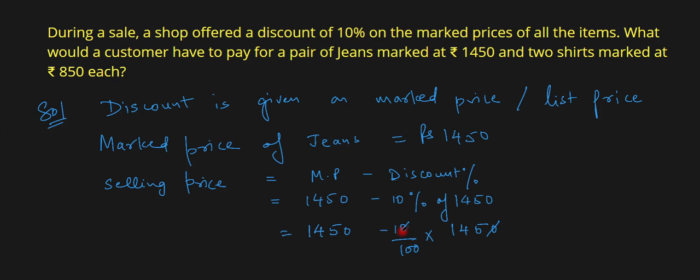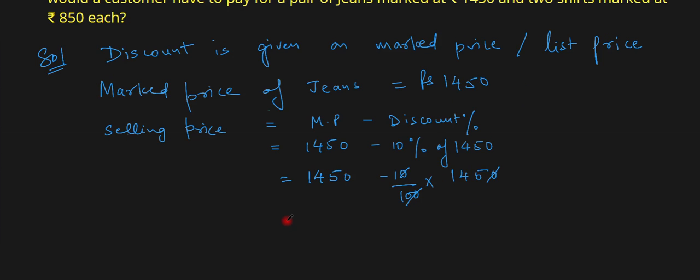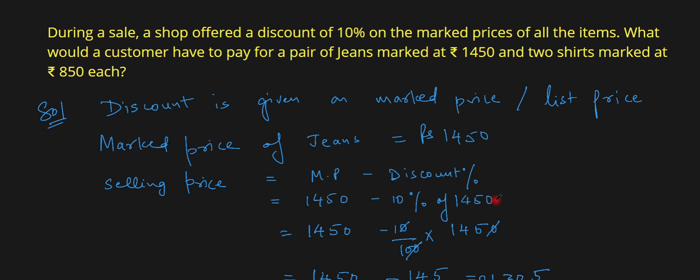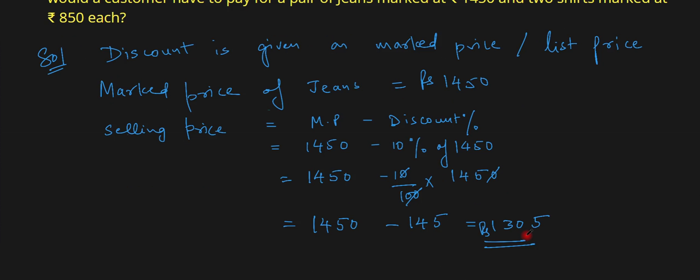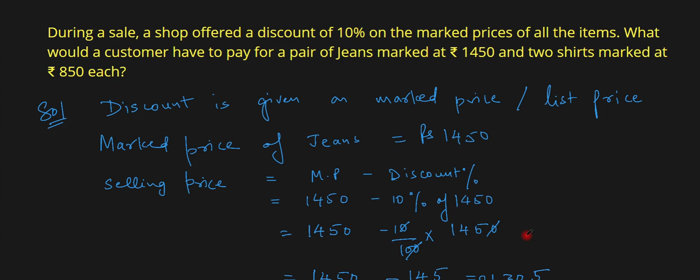The zero cancels out, so you have 1450 minus 145. This comes out to be 1305. So after giving a discount of 10%, a pair of jeans costs rupees 1305.